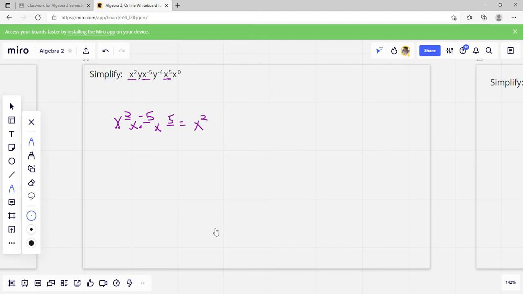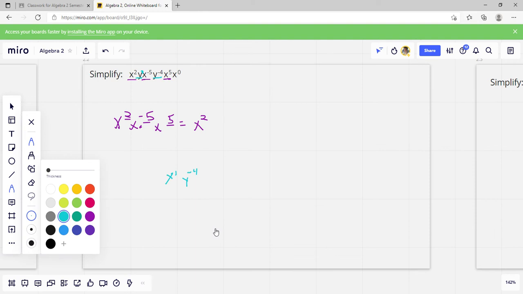Okay, then I'm going to do all my y's separately. So I've got 1. If it doesn't have an exponent, that just means it's 1. Negative 4. Y to the 1. Y to the negative 4. Oh, when I was adding up the x's, I didn't see that 0, but it's not going to change anything.